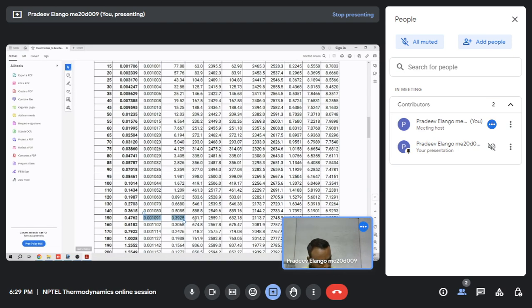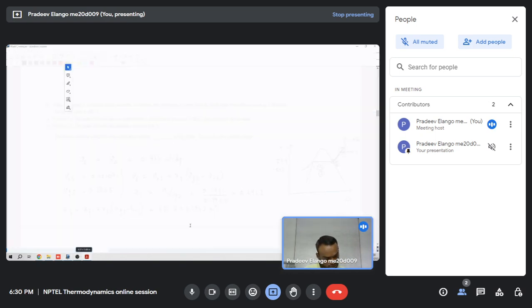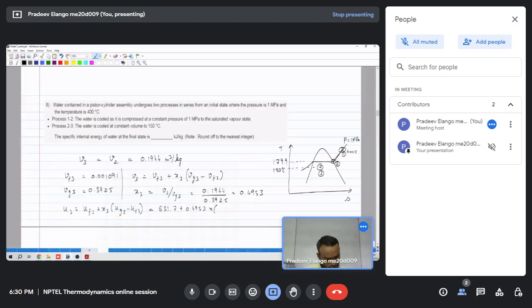Uf3 is 631.7 and X3 is 0.4953 into, and Ug3 is 2559.1 minus Uf3, 631.7.